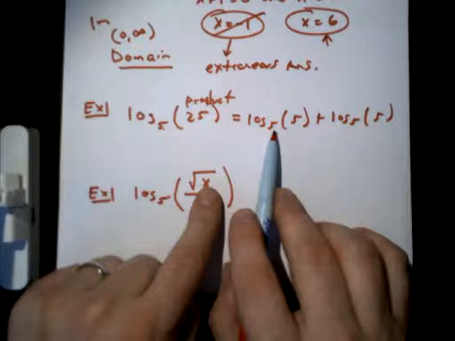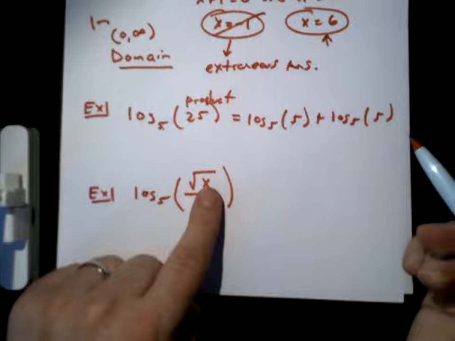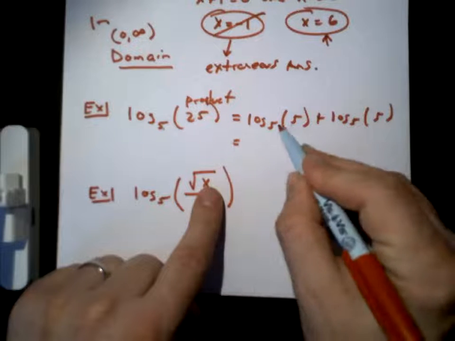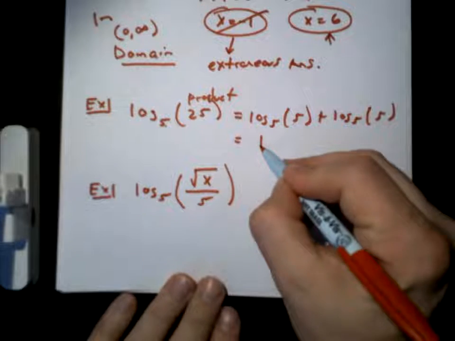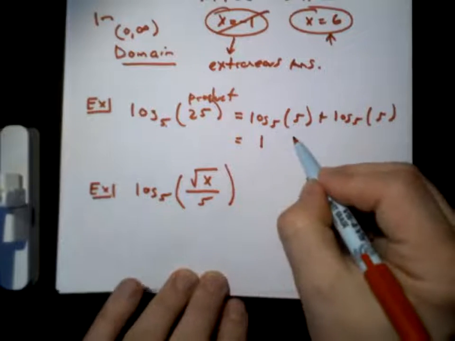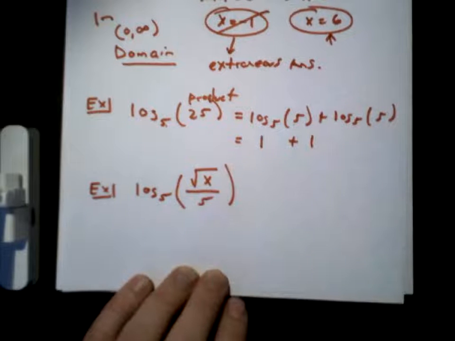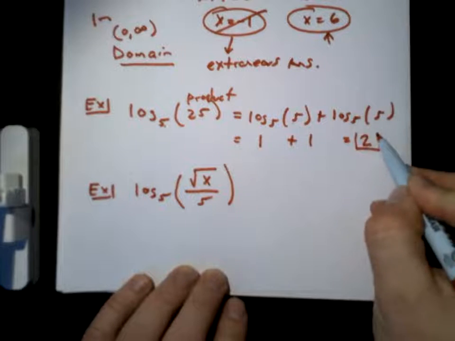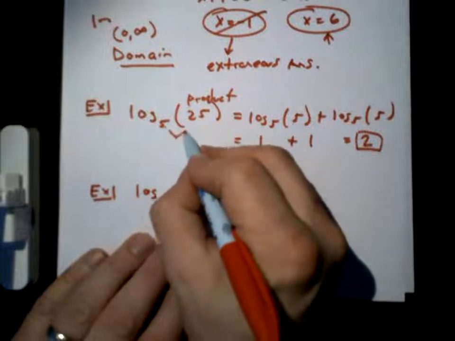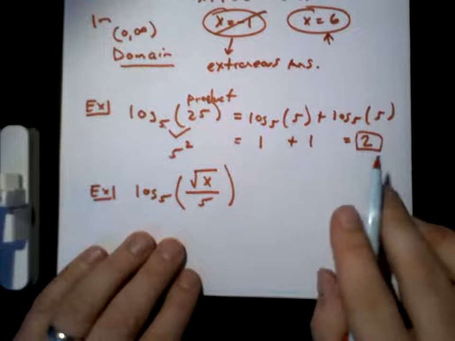So log base 5 of 5 to the 5th power is what? Isn't that 1? And then you have 1. So what's the answer? 2. And you understand that this part is 5 squared. So there you go.